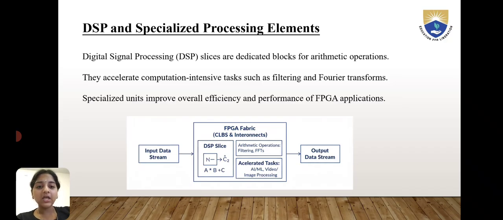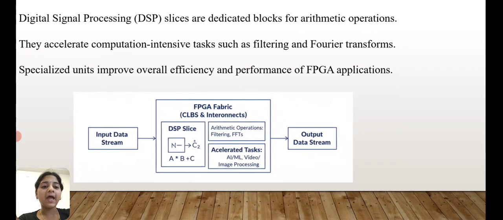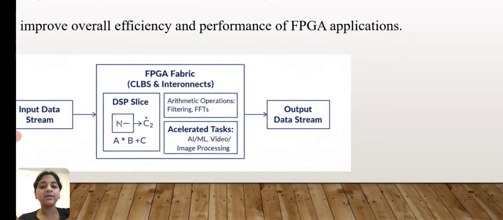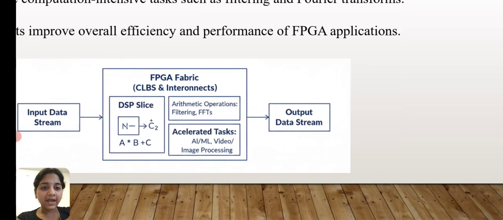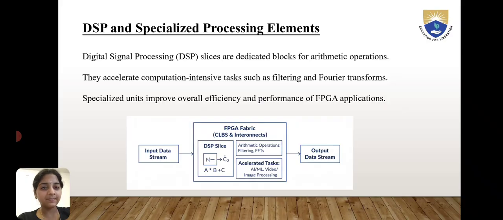Specialized units improve overall efficiency and performance of FPGA applications. Here we can see the input data stream and output data stream. In between we can see the interconnects, which include the DSP slice, arithmetic operations and accelerated tasks.